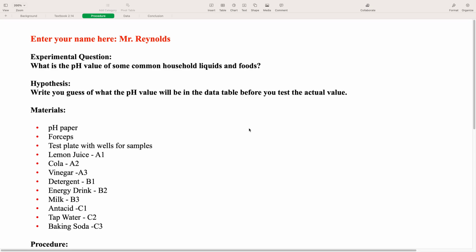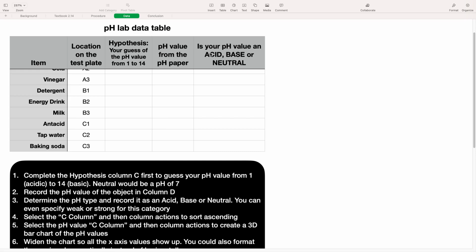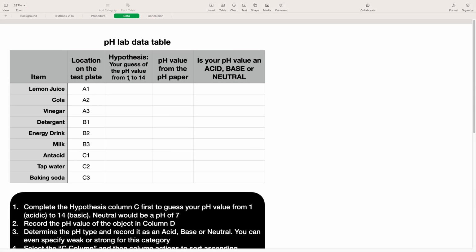With every experiment, you've got a hypothesis. Using the pH test paper, we're going to be able to determine the pH value of each liquid. But let's take our best guess at what they are before you even start. So click over here to the data table itself. Why don't you give it a try? See this first column?